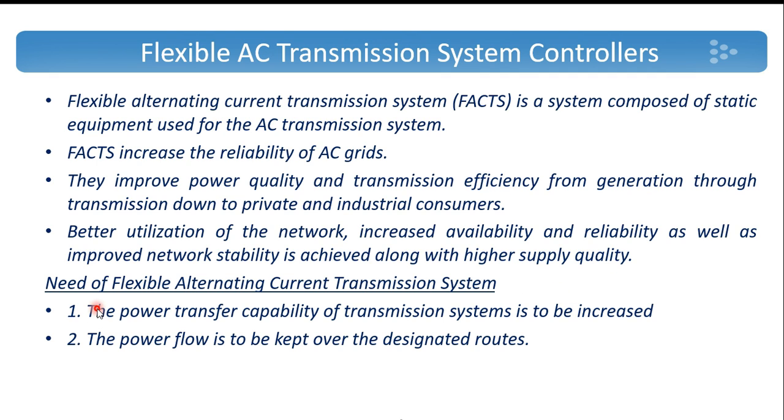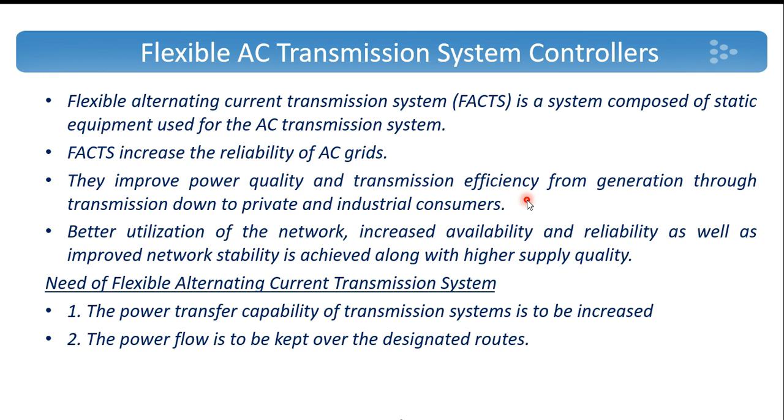The need for flexible AC transmission system. The power transfer capability of the system is increased by using FACTS controllers. Power flow is kept over and under designated routes. The power flow through the lines can be controlled, and also it improves the power quality, meaning the quality of the voltage and current waveform produced.